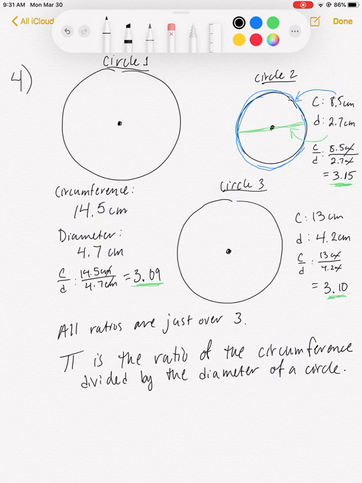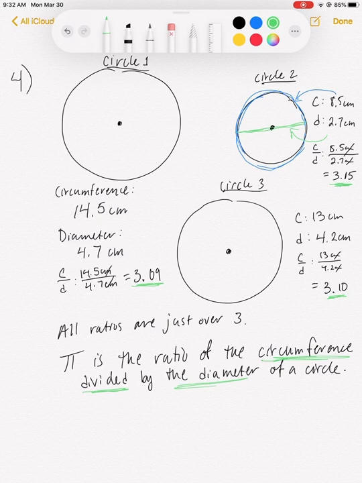So let's just say that again in your mind. Pi is the ratio of the circumference divided by the diameter. So we have the circumference divided by the diameter. That's what pi is.